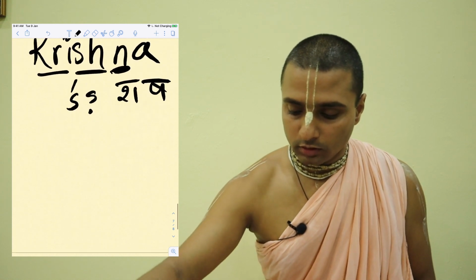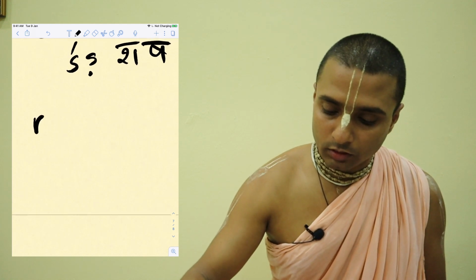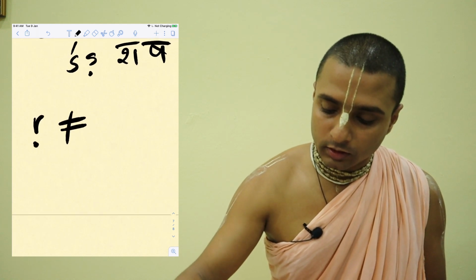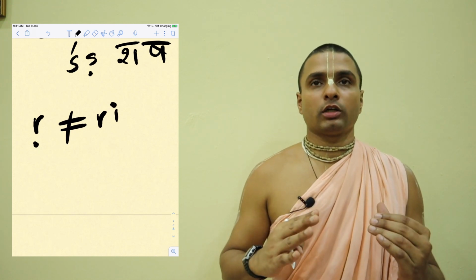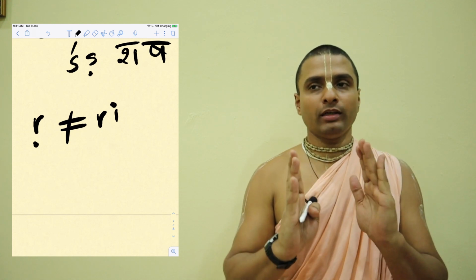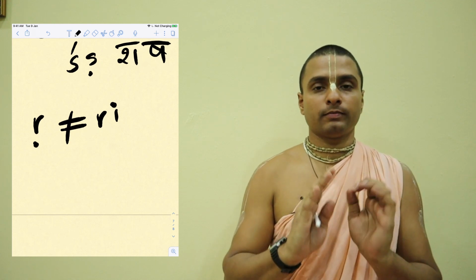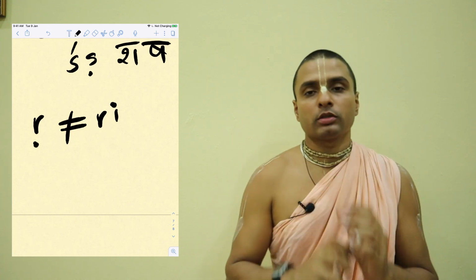Here, I'll draw it. This is not equal to this. So it's Krishna. It's not Krishna or Krushna. R. Not Ri, not Ru, not Ra. Krishna. So that's the actual pronunciation of the word Krishna.